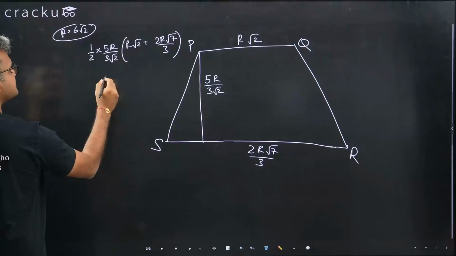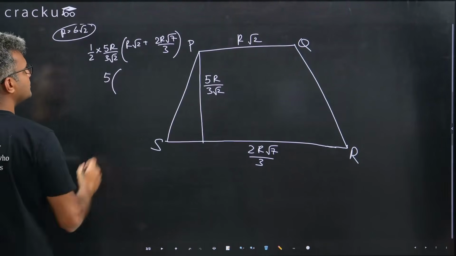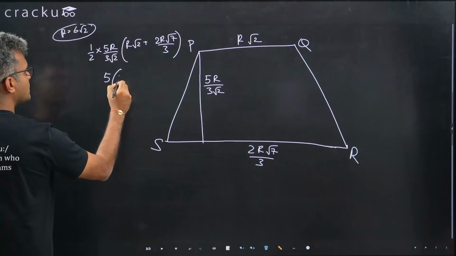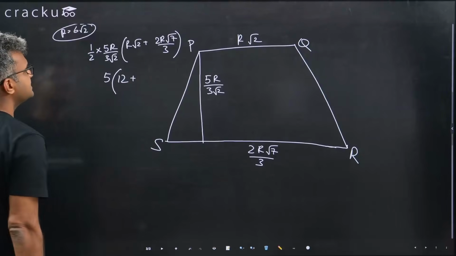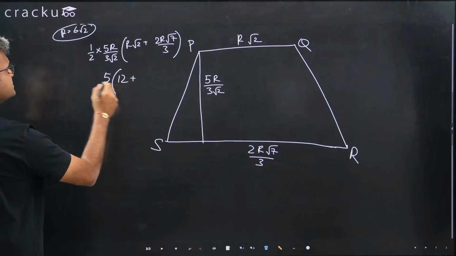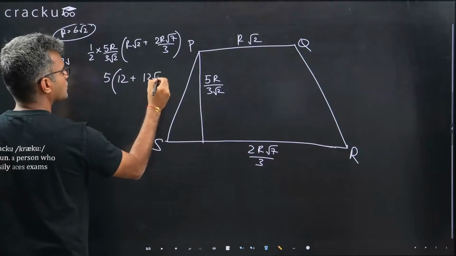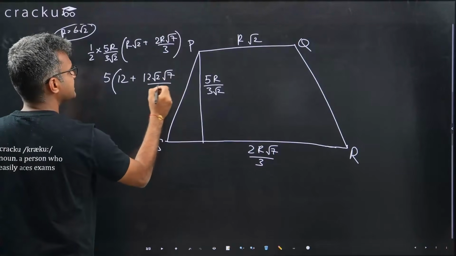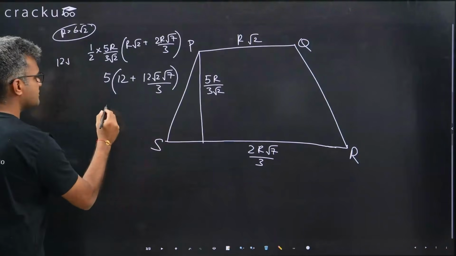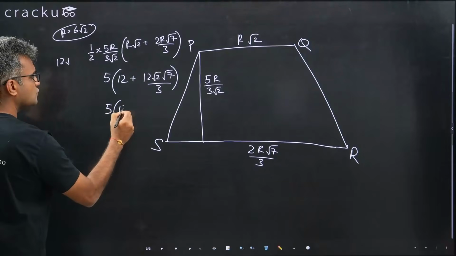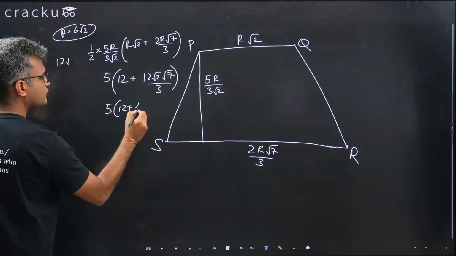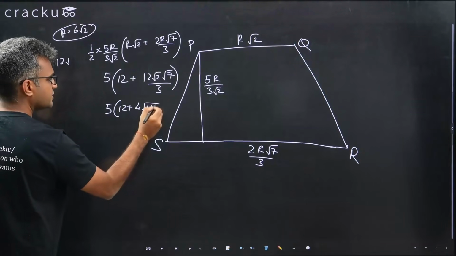So, this will cancel, this will be 5 into 6 root 2 into root 2 is 12, plus 2 into 6 root 2 is 12 root 2 into root 7 by 3. This is equal to 5 into 12 plus 4 root 14.